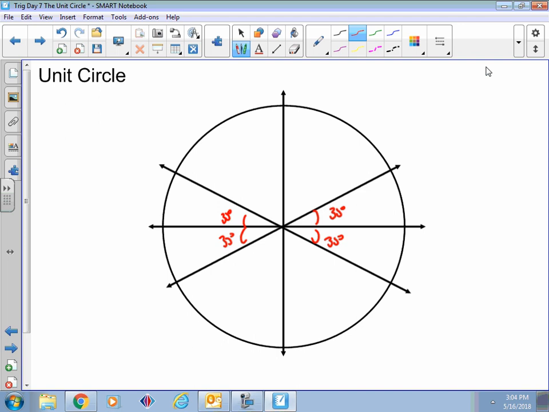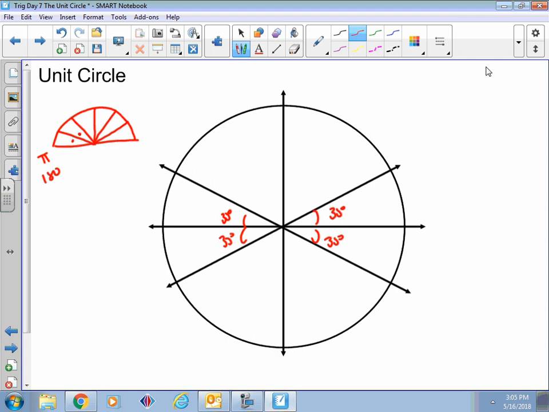Well, if I know that half a circle is pi radians, and that's the same thing as 180 degrees. How many 30-degree angles fit into 180? Let's see here. 30, 60, 90 degrees, 120 degrees, 150 degrees, 180 degrees for the last one.